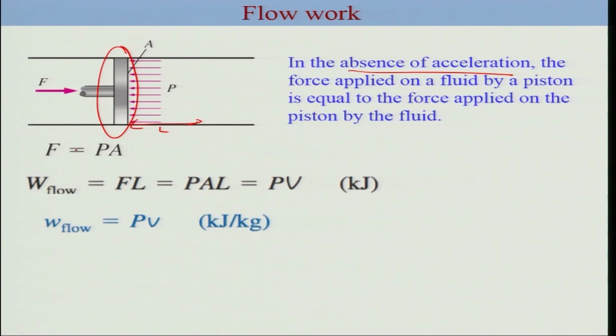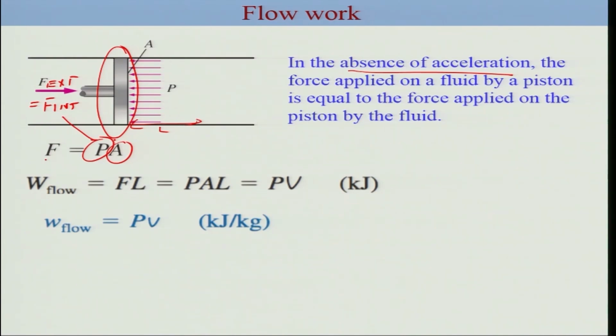So, your F external would be the same as F internal, which essentially means your F external can be written as the pressure applied by the fluid on the fictitious piston multiplied by the cross sectional area.